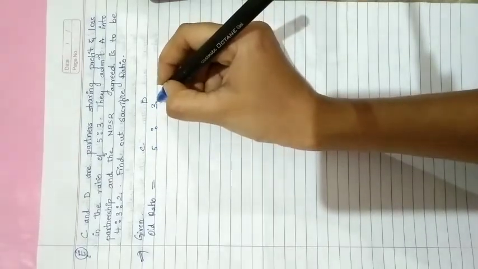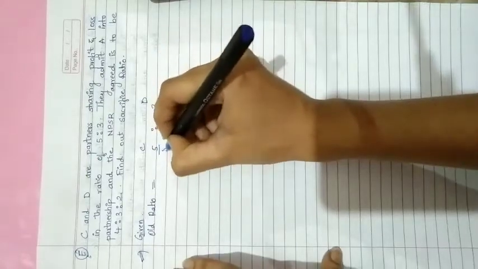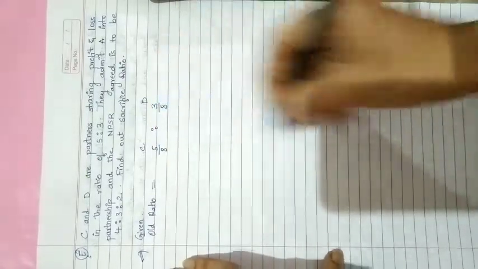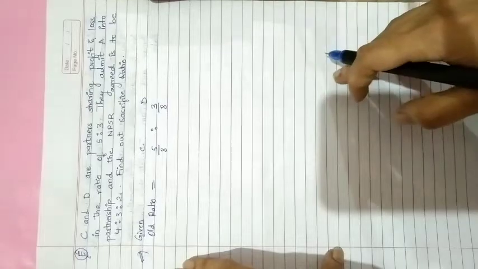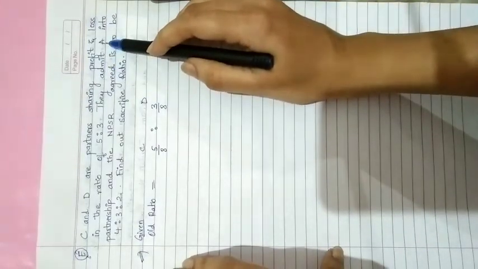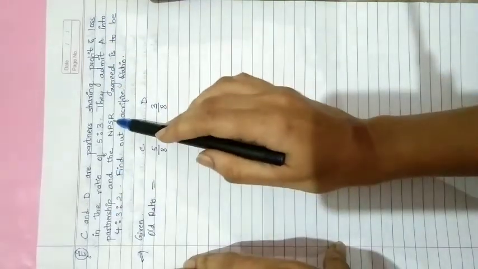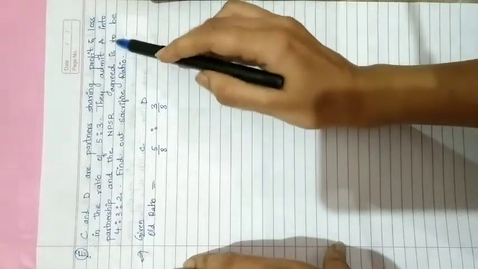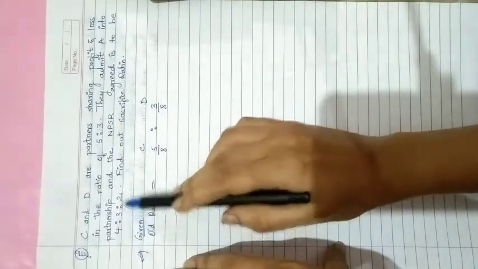This we can write as 5/8 and 3/8. Then what else is given? They admit A. Now A is a new partner here. So they admit A into partnership and the new profit sharing ratio agreed is 4:3:2.